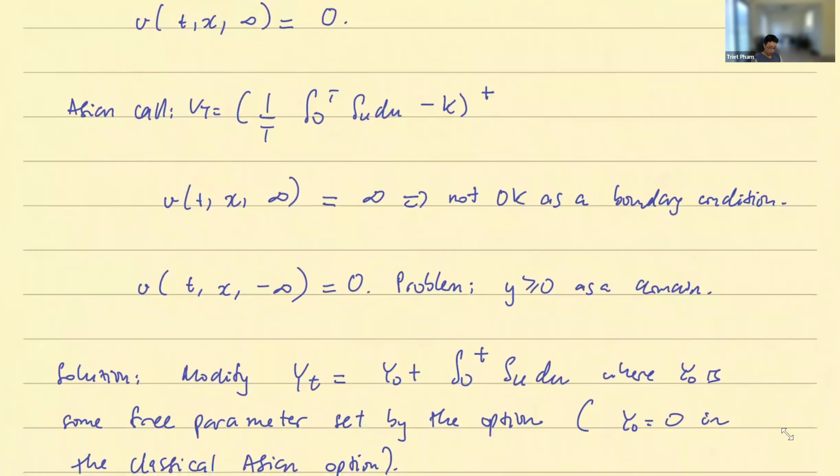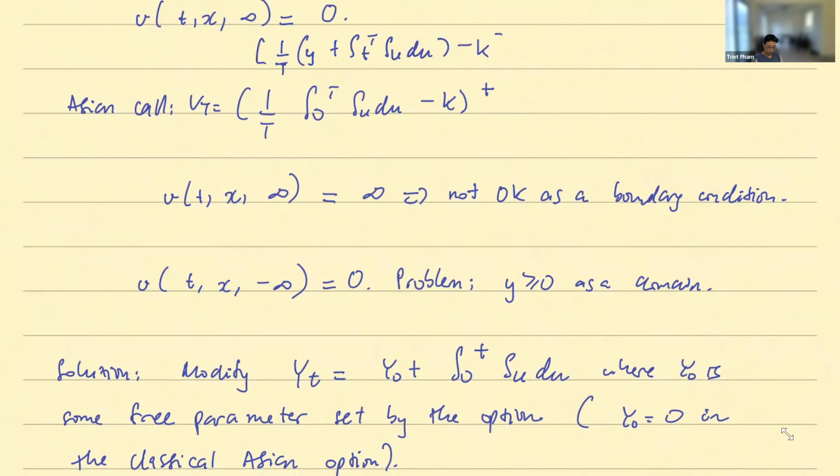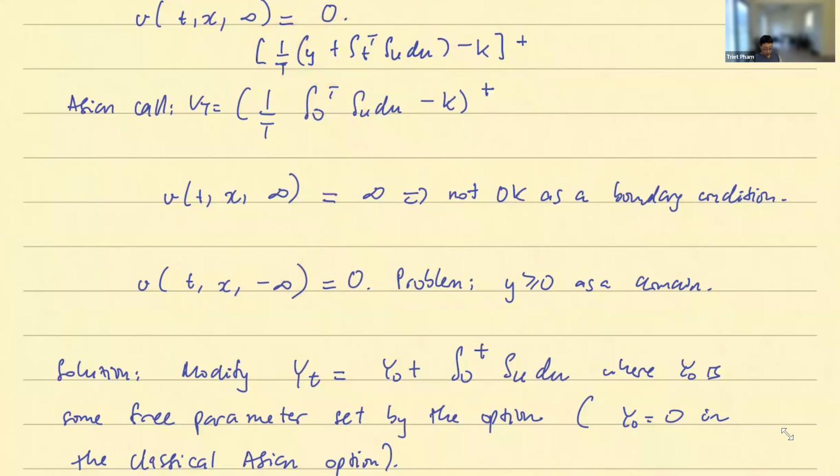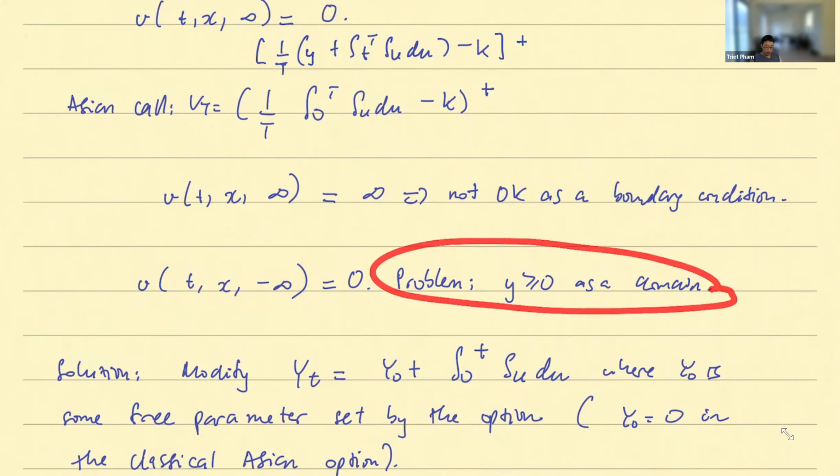You need to put y to minus infinity to guarantee that this whole thing is 0. Okay. And now that exactly does not work with the natural domain, like you mentioned.